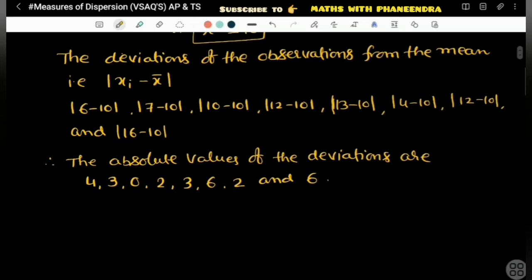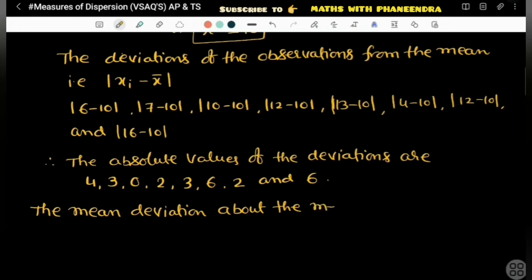After getting these values, the mean deviation about the mean is the sum of these numbers divided by the number of observations: sigma mod xi minus x bar divided by n.